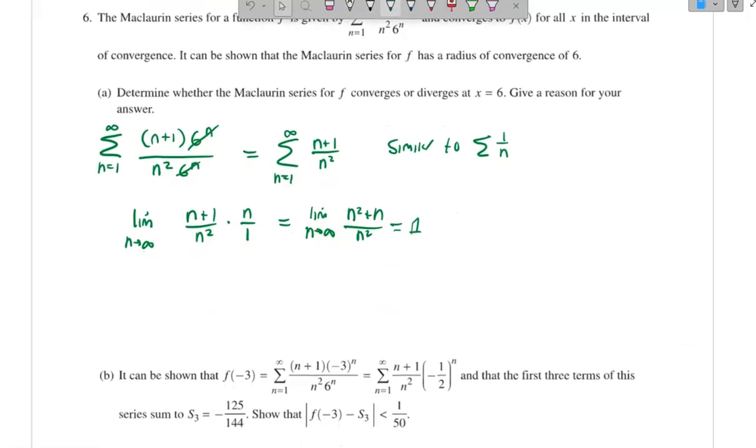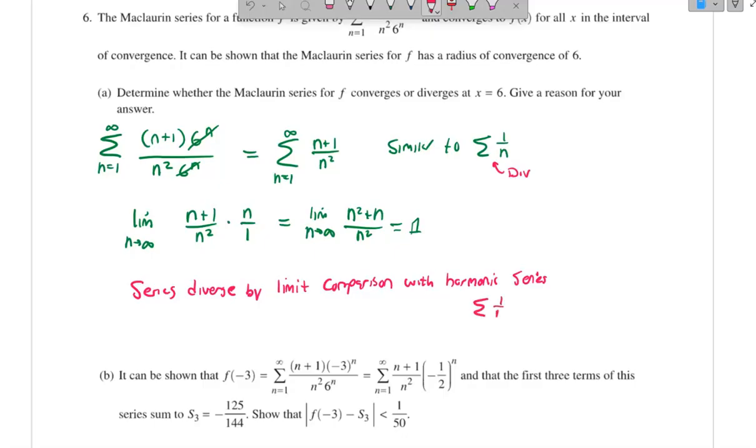And since that is finite and positive, remember that the harmonic series diverges, so that means that the series we're working with here is going to diverge by limit comparison with our harmonic series. Now you can say harmonic series like I did, or you can simply write the set notation of this, 1 over n. Either one takes care of part A.